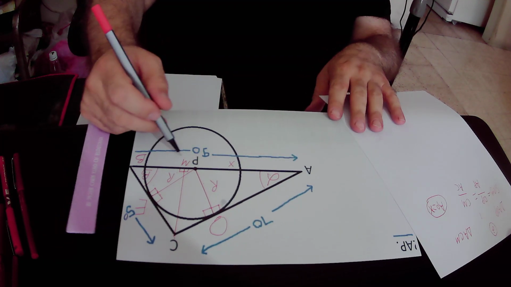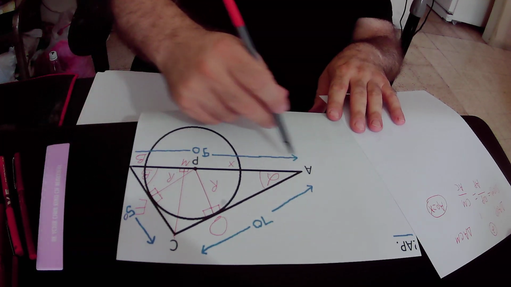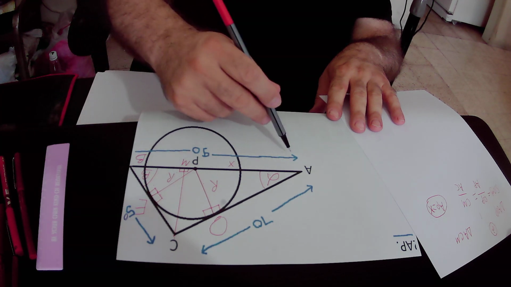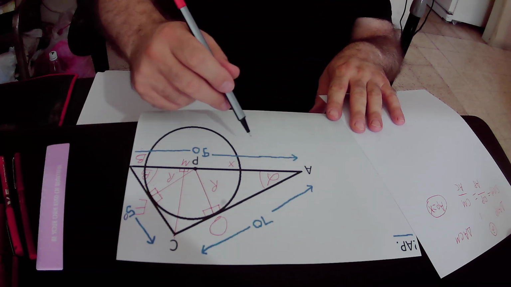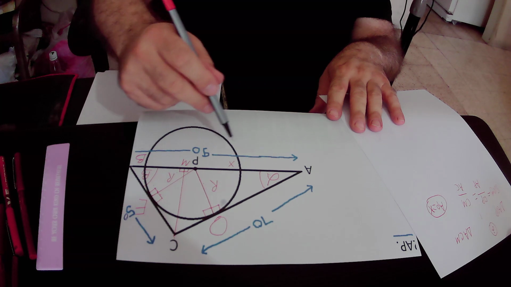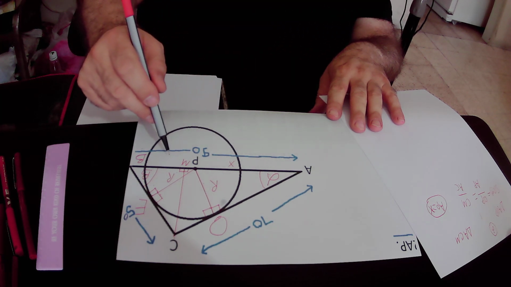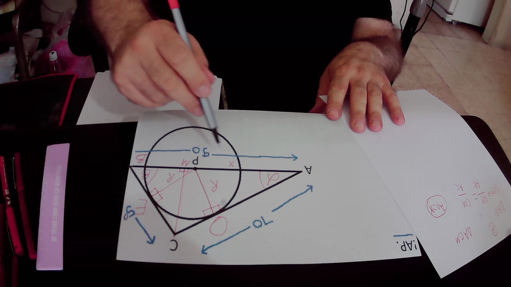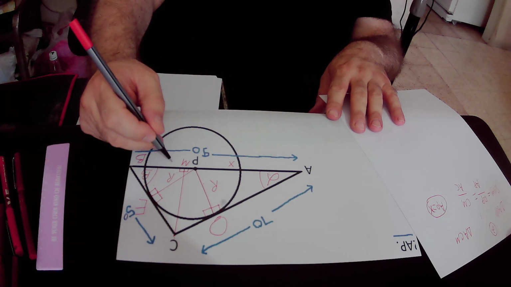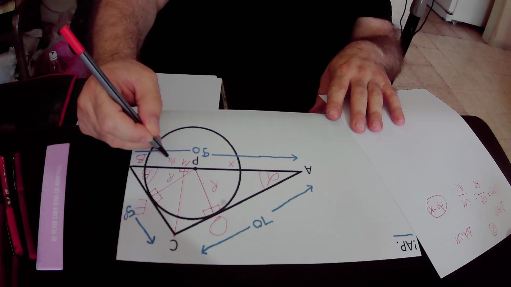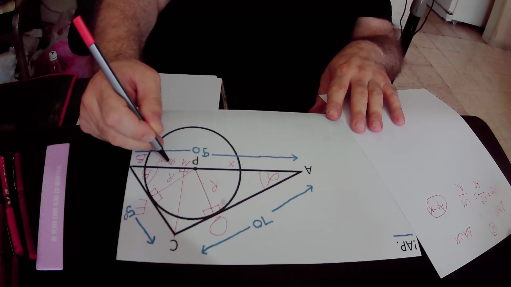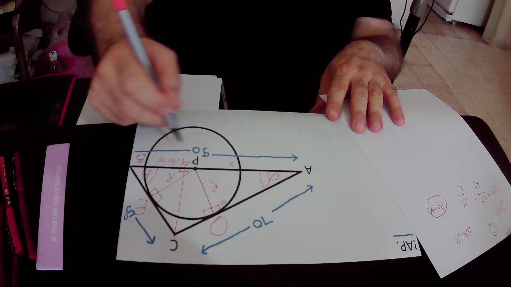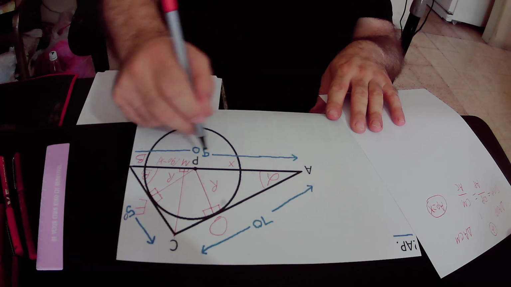So PB will be equal to AB minus AP. AB is 90 units and AP is X. So it is 90 minus X, because it is AB, that is 90, minus AP.